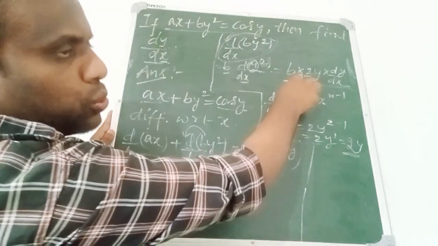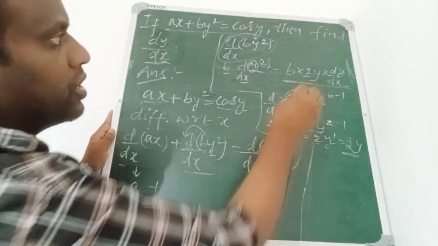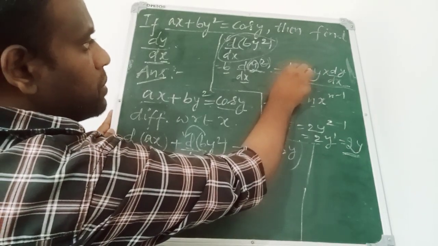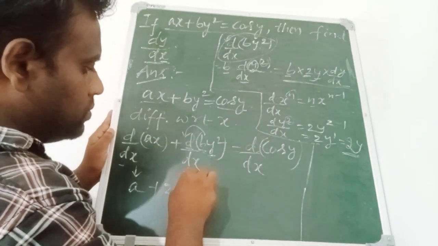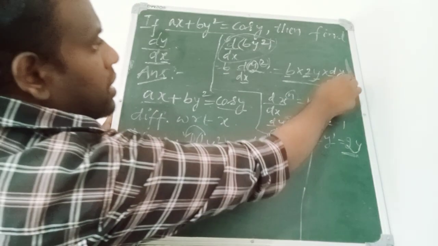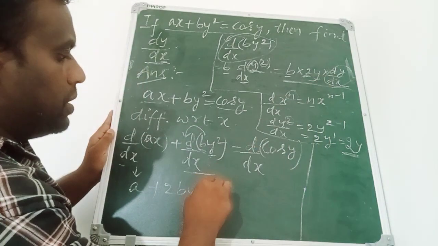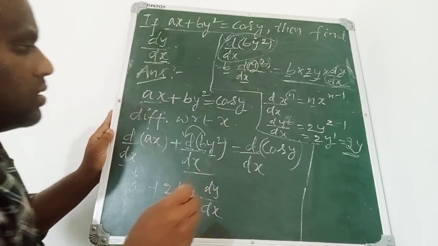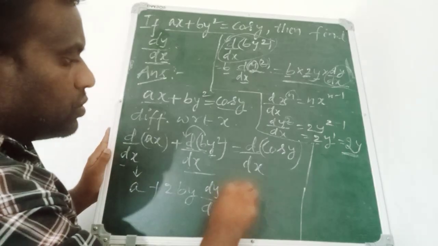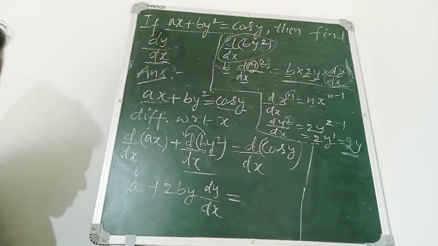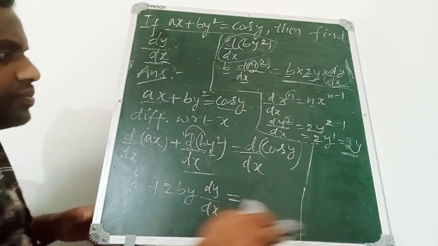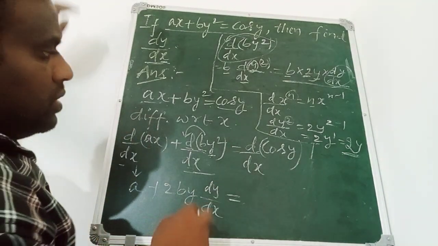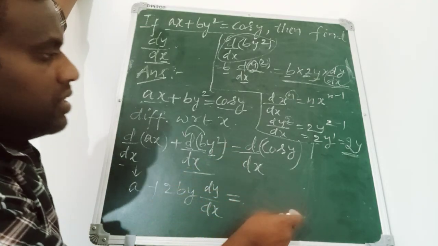First, because of multiplication, I will write 2 first. Next, what is left? by. Next, what is left? dy by dx. Okay, so that is equal to. Now differentiation of this is done.